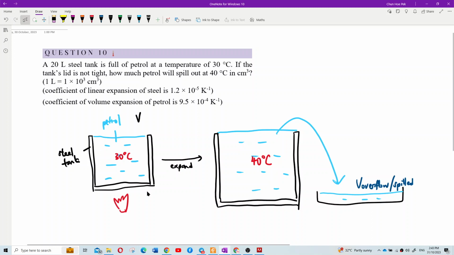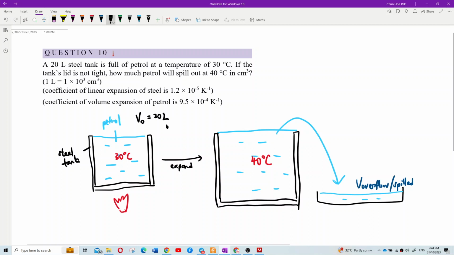So initial volume is 20 liter for both. The tank is 20 liter, petrol also 20 liter, because the tank is full with petrol. Full petrol means they have the same initial volume.